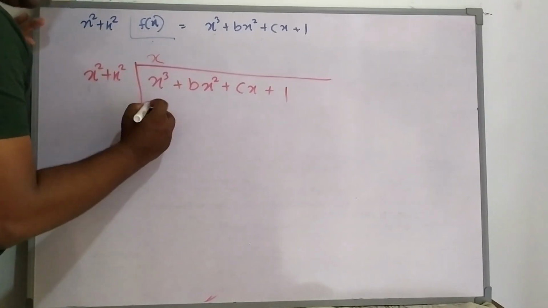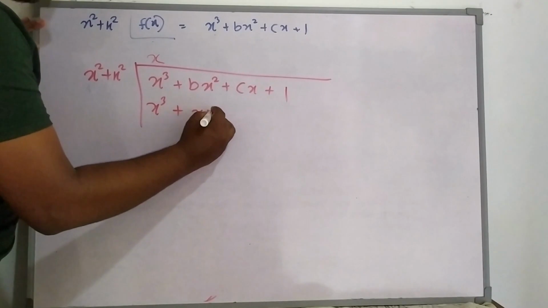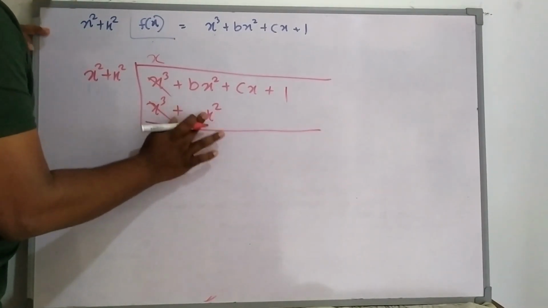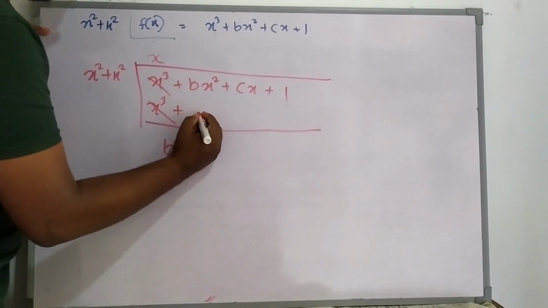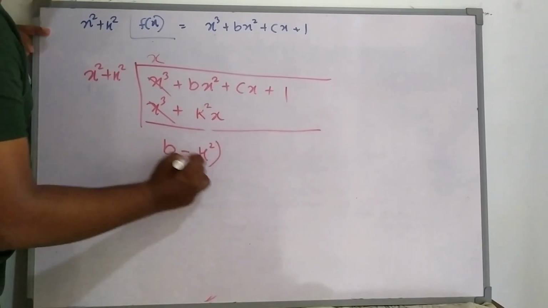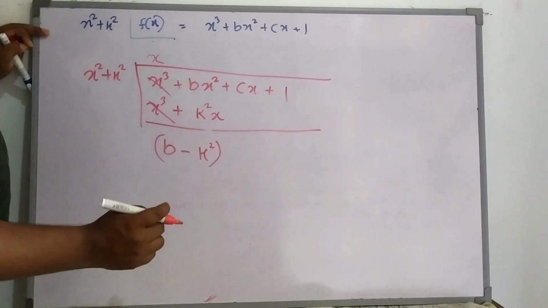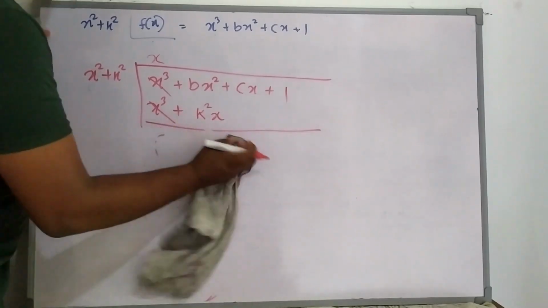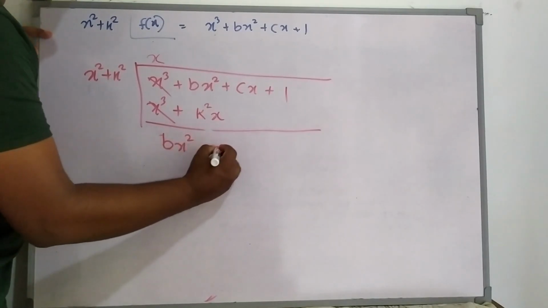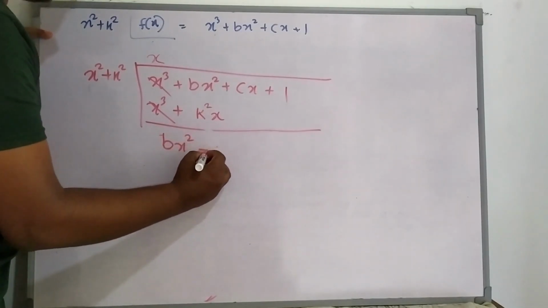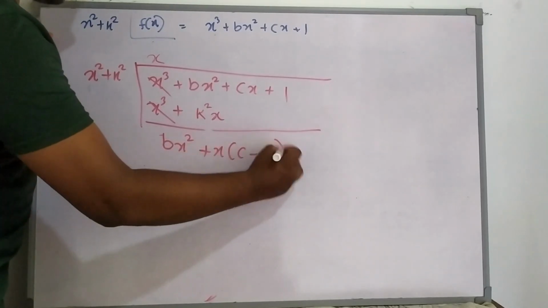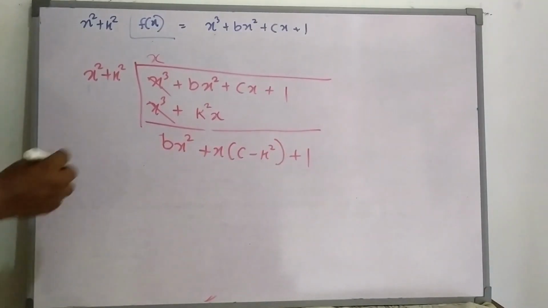and here I am putting x cubed plus xk squared, which gets cancelled. Then this is xk squared, then bx squared, these two, plus x(c minus k squared) plus 1.